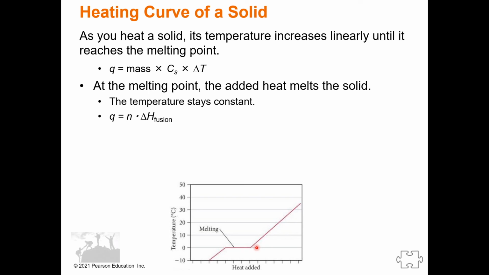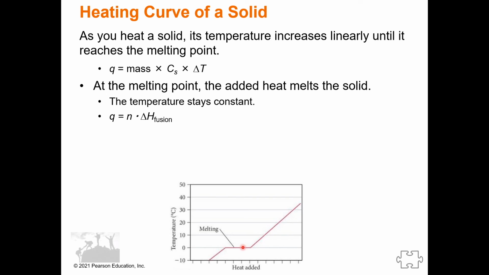Instead of Q equals MCΔT, we're going to use Q equal to moles, in this case moles of H2O, times heat of fusion. Again, heat is being added, but it's being used to overcome some of the intermolecular forces so that the solid can melt to a liquid.